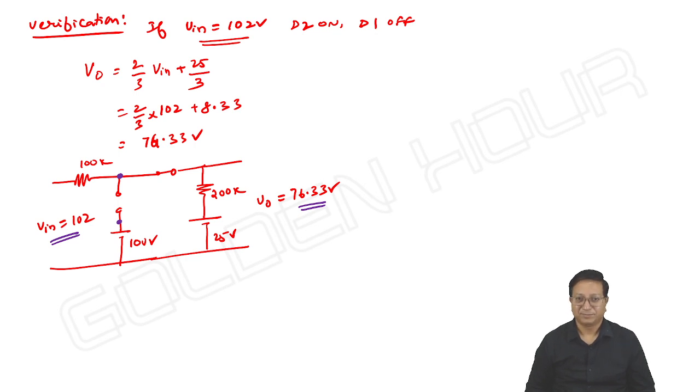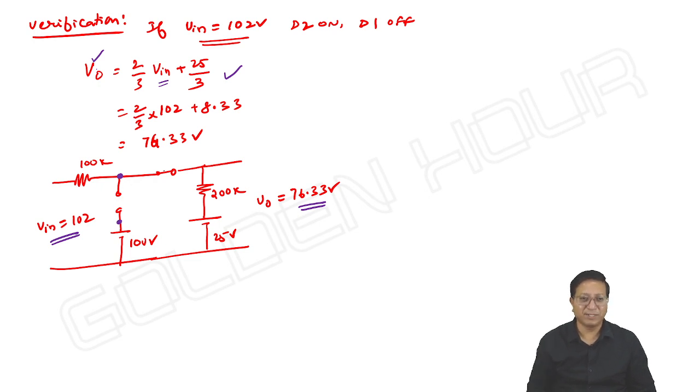This is the idea. And up to what level will D1 conduct? We have to see that output should reach up to, with this equation. With this equation, you keep on increasing the value of input till the output reaches 100 volts. If the output reaches 100 volts, then the anode voltage of D1 is reaching 100 or more, and the cathode voltage is at 100, then D1 becomes on.